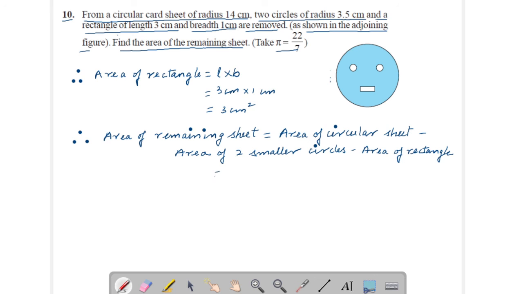It is equivalent to area of circular sheet, it is 616, minus area of two smaller circles, it is 77 centimeters square, minus area of rectangle, it is 3 centimeters square.